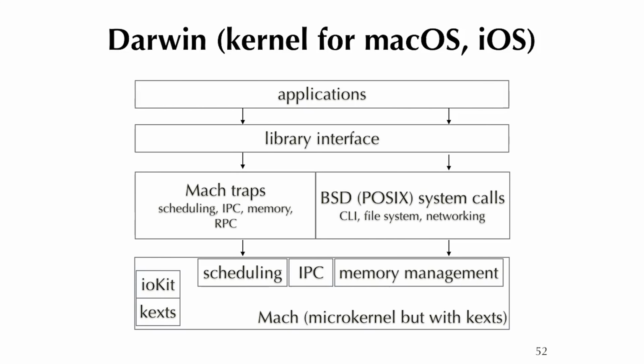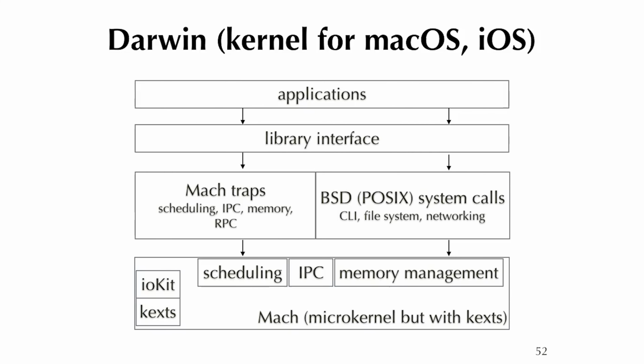The textbook has a similar drawing. So Mach is a microkernel, but then you can extend it, beyond just scheduling, IPC and memory management. Then you have the Mach side and the BSD side. The Mach side does a certain set of system calls, specifically scheduling, IPC, memory, plus remote procedure calls, RPC.